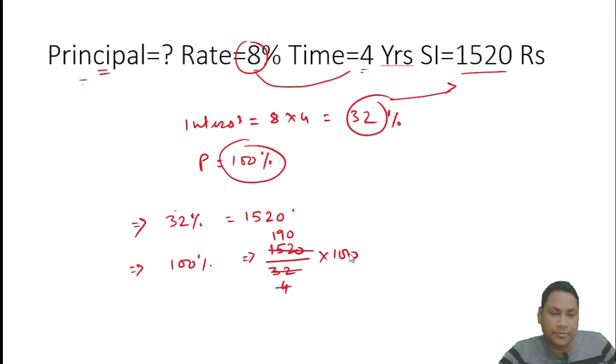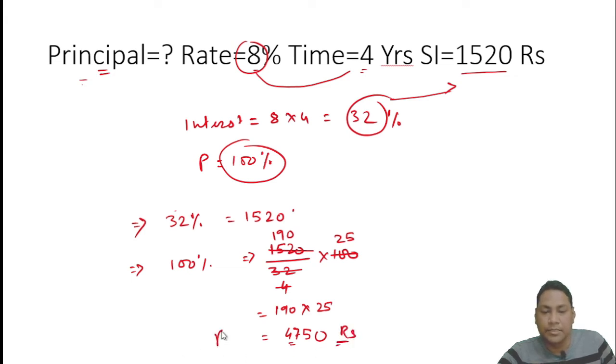We'll divide 100 by 4, this will become 25. Now 190 multiplied by 25, it will become 4,750. So the principal is 4,750.